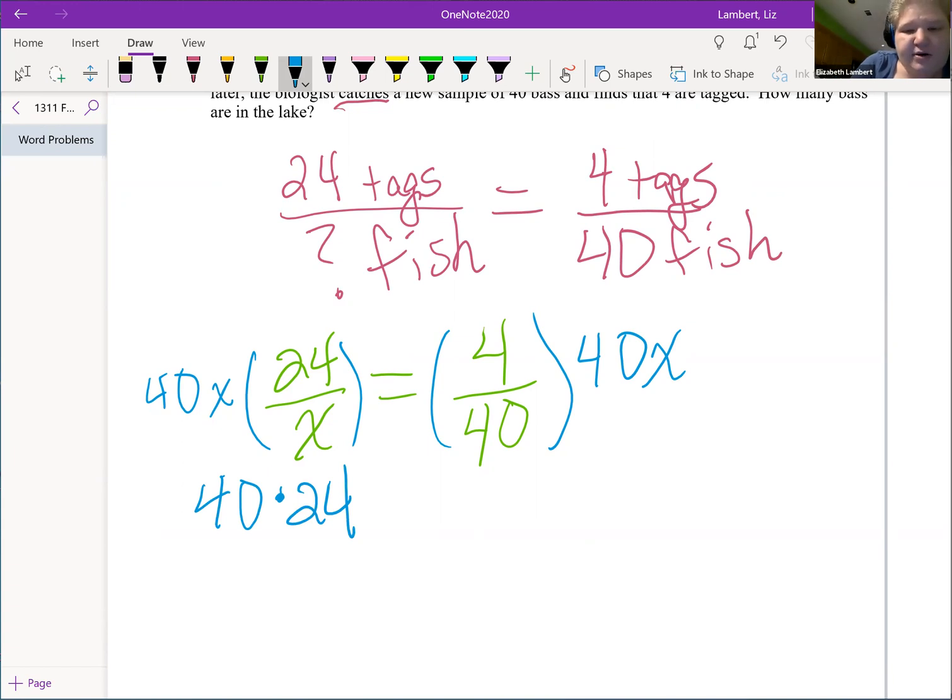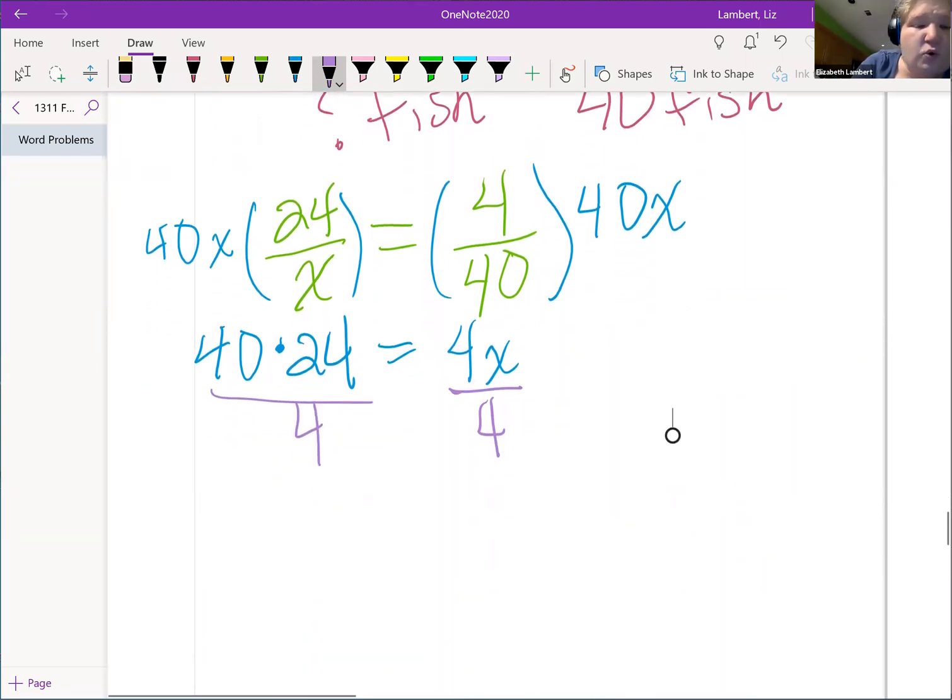And then over here, the 40s would cancel and we just have 4x, because I know the next step is going to be dividing that 4 over. And 4 goes into 40 10 times, or 4 goes into 24 6 times, but I like 10 better. And we end up with 24 times 10, or an estimated fish population of 240 bass in the lake.